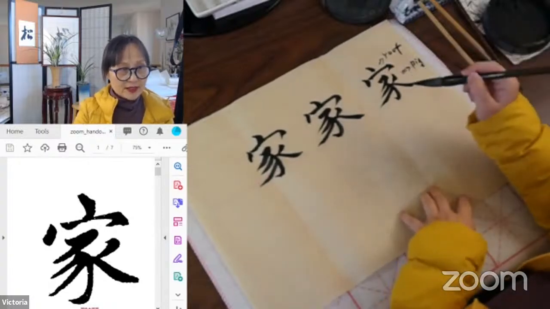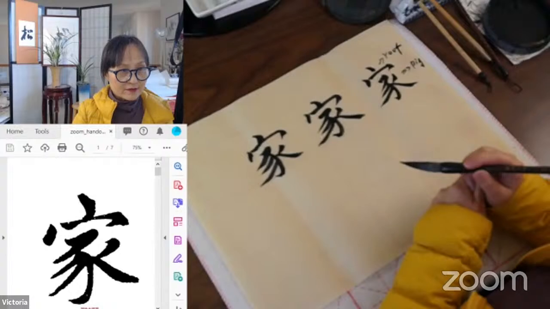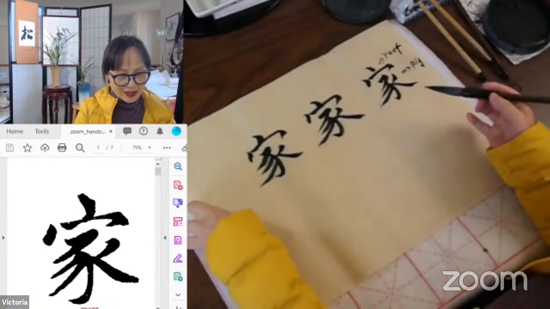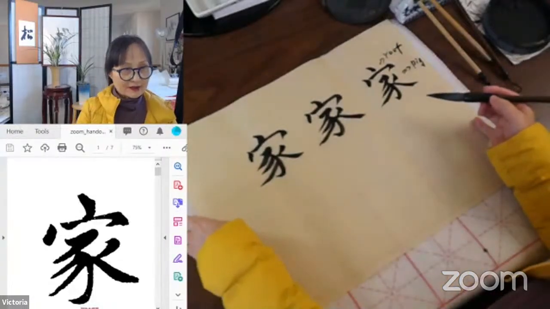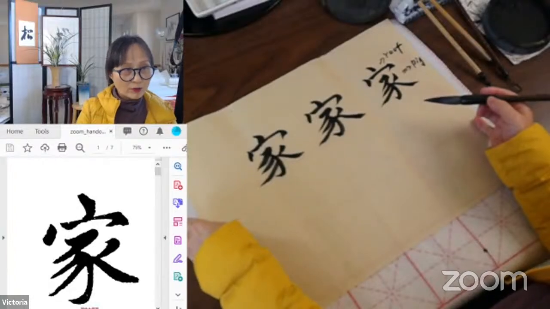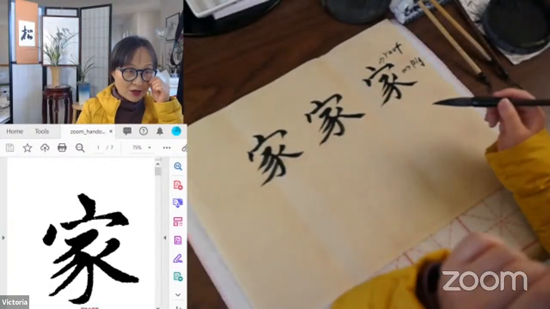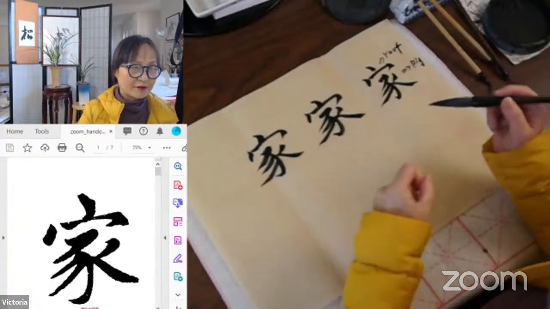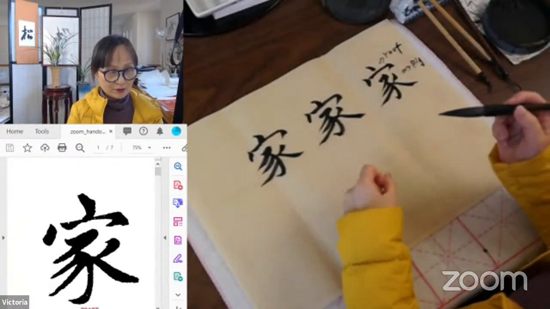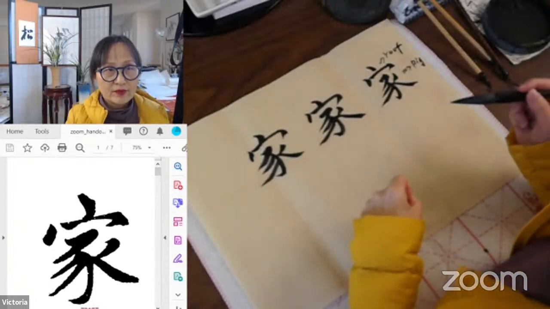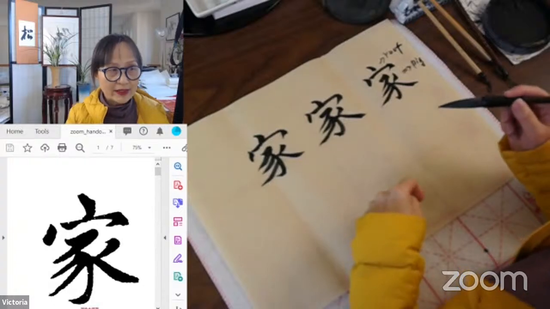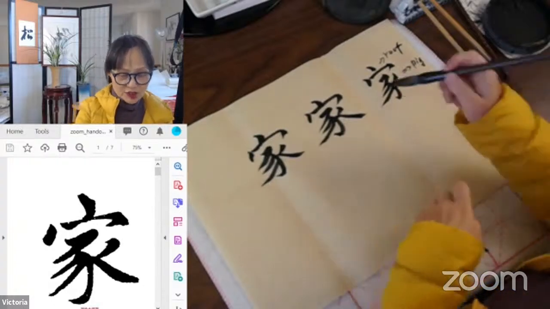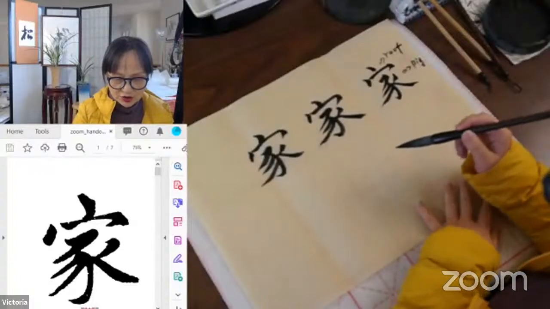Before, this was used for the meaning of pig. So the character for home, and I think I forgot to put the explanation, you'd better add on: it's house. This also means house, family and house, for this jia, the pronunciation is jia.